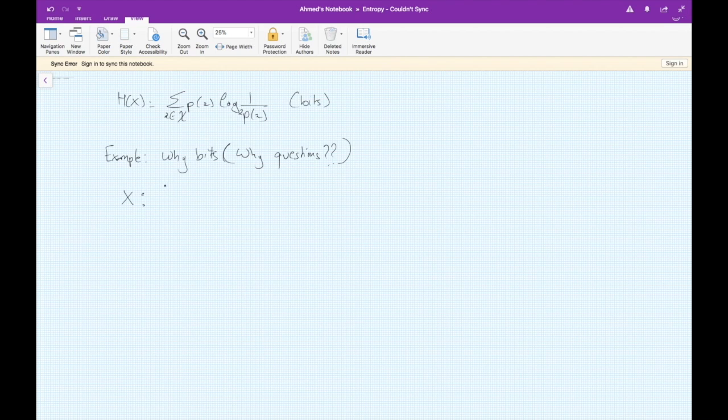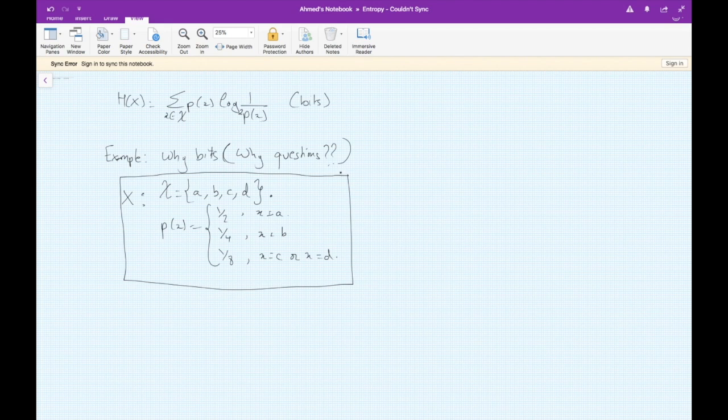X comes from the following outcomes A, B, C, D, so it takes only 4 distinct values, and the probability of each outcome is given as follows. P of X is equal to half if X is equal to A, 1 over 4 if X is equal to B, and 1 over 8 if X is equal to C or X is equal to D. So this is our random variable right here, completely defined.